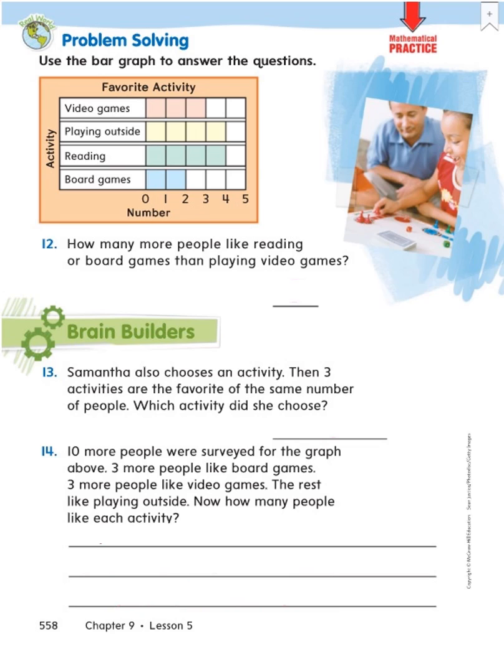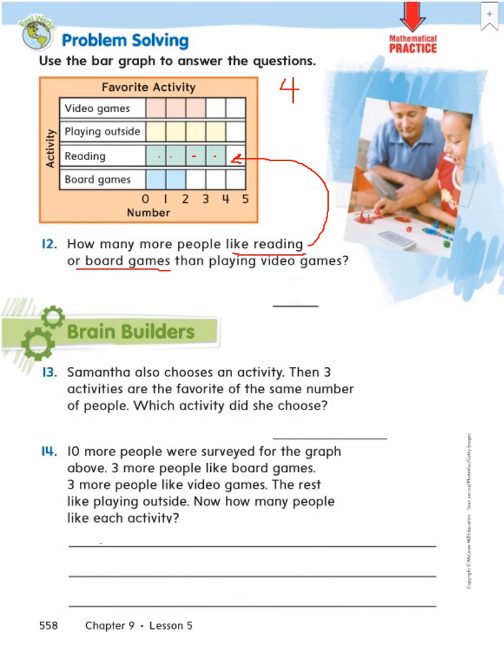So here's what we need to do. How many people like reading? Well, we'll go to our chart and get information. 1, 2, 3, 4. So we know that 4 people like reading.